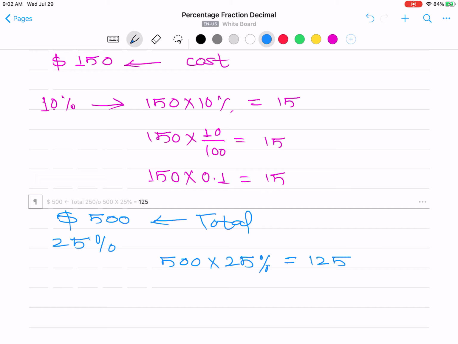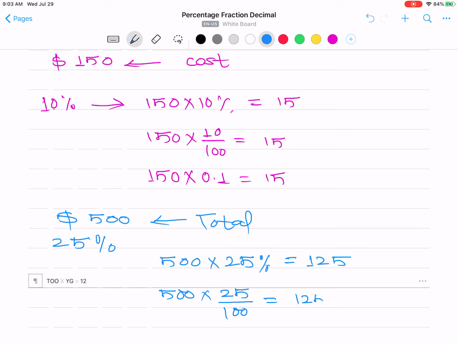I think I need to check it with my calculator. Or you can just multiply this by the fraction 25 by 100. I think this one is the easiest way, these two zeros go away, so 125, yeah, I am right.